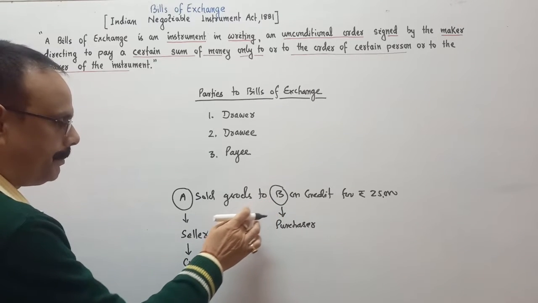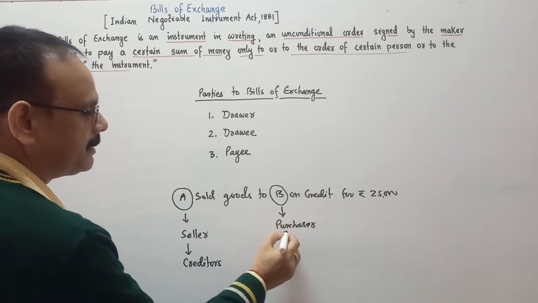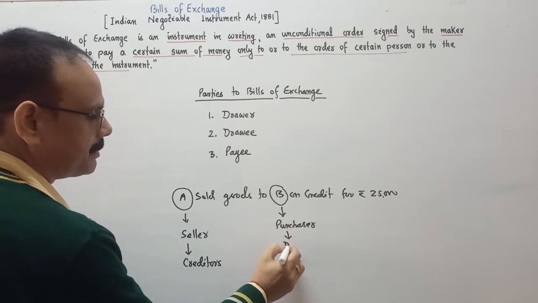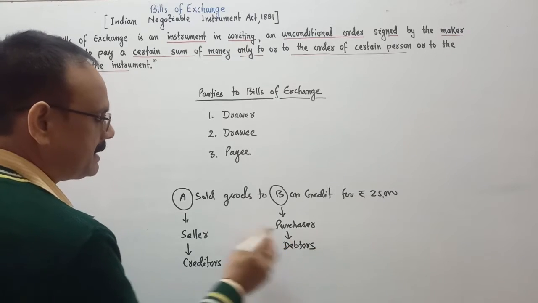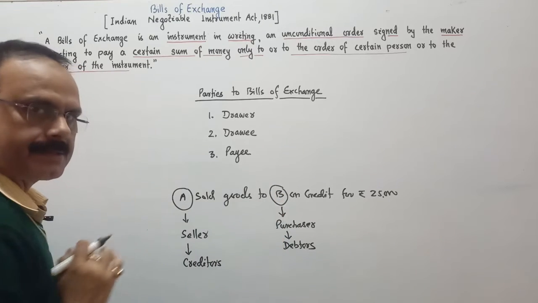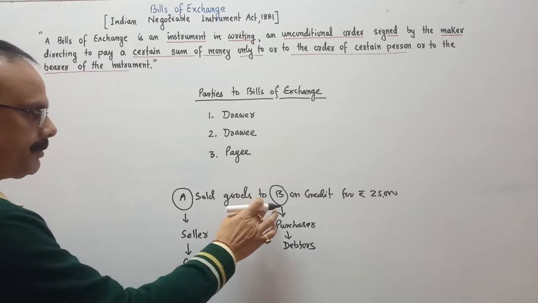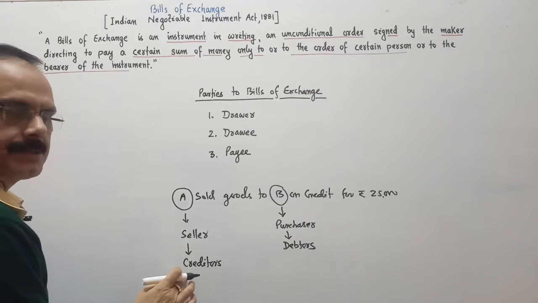Creditor for B. And B is the debtor. From whose point of view? From the seller's point of view, the purchaser is the debtor. And from the purchaser's point of view, A is the creditor.